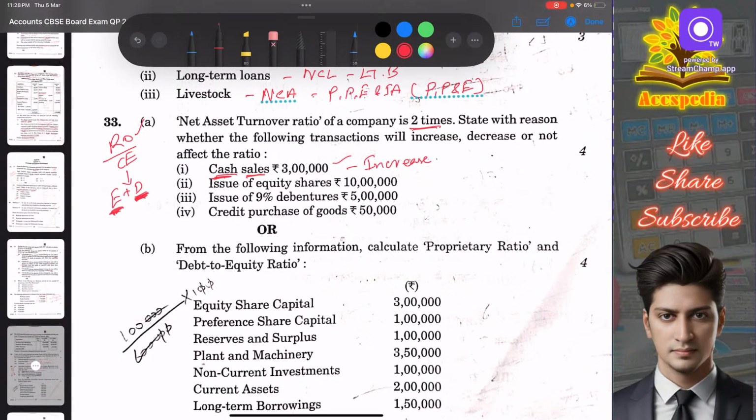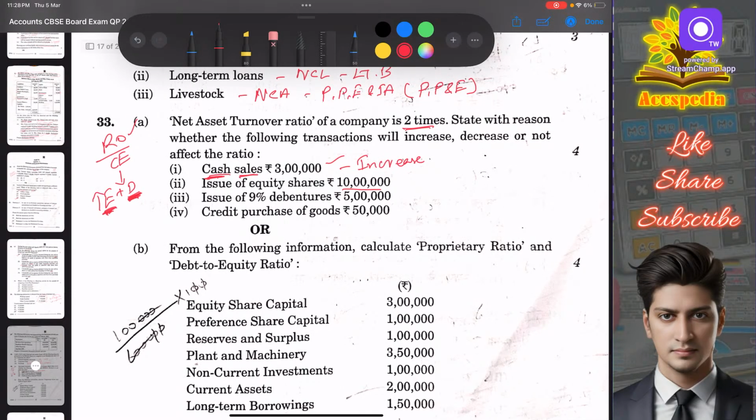Then issue of equity shares, 10 lakh. Equity share will increase, cash will increase. Since cash does not affect our ratio, equity share alone increases capital employed, but revenue is not affected. So the denominator alone increases; the denominator inversely affects the ratio. If it increases, the ratio decreases; if it decreases, the ratio increases.